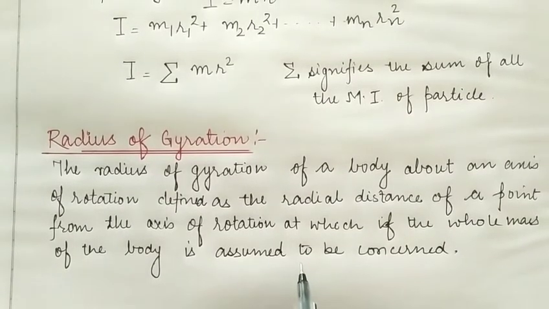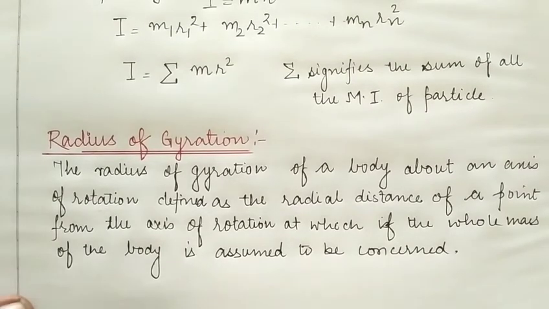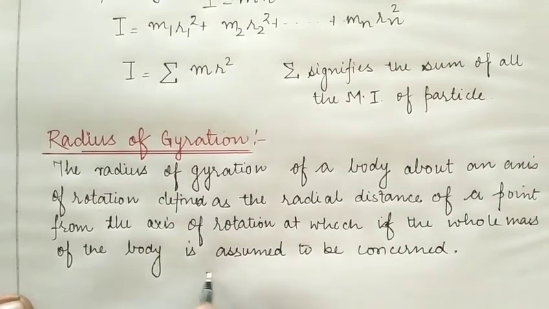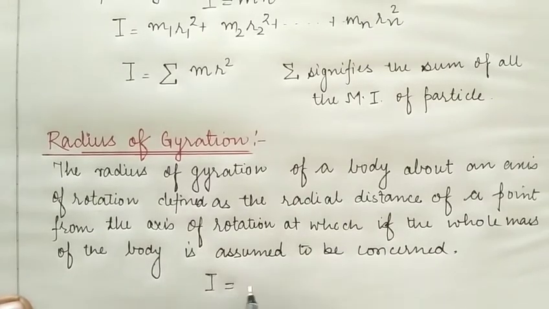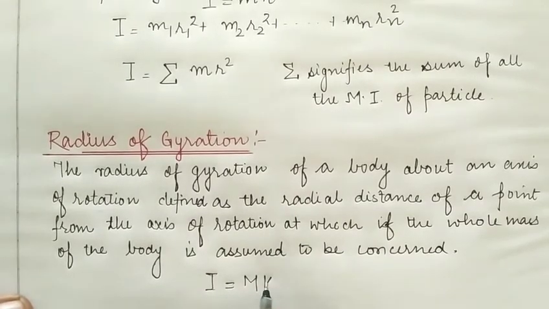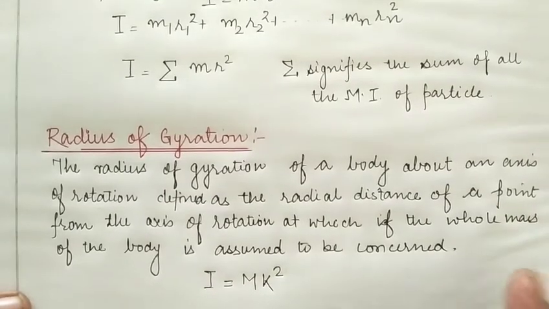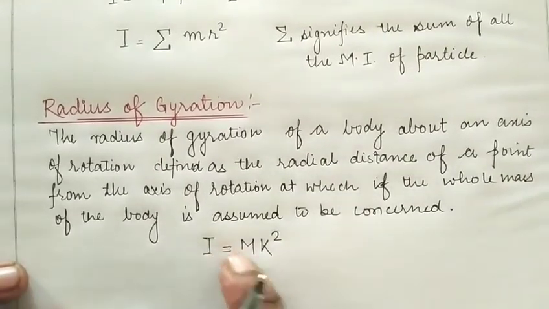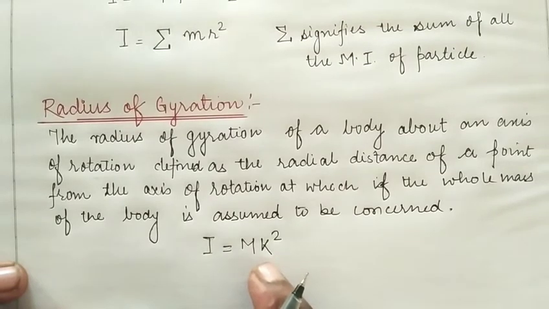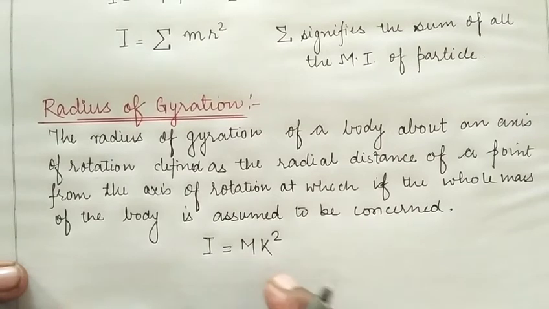That point is the center of mass, and this radial distance is given by I equals mk square, whereas we know that the moment of inertia is given by mr square, where k is the distance from the point to the center of mass.